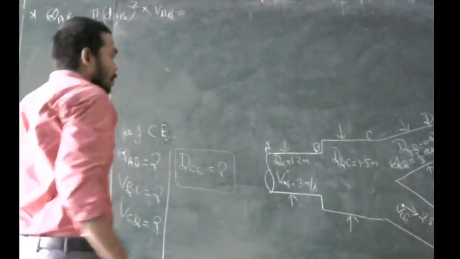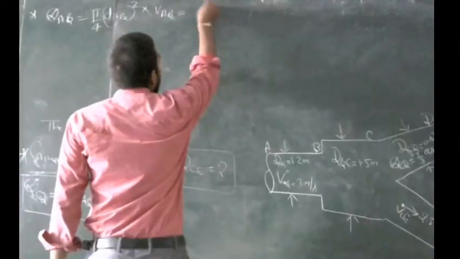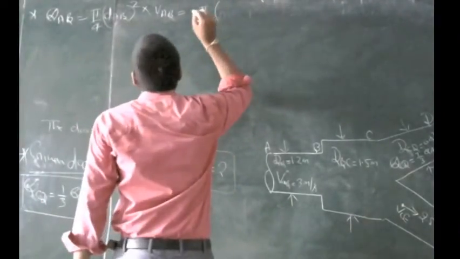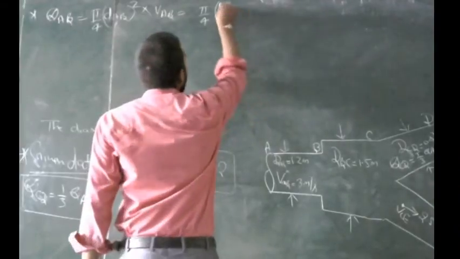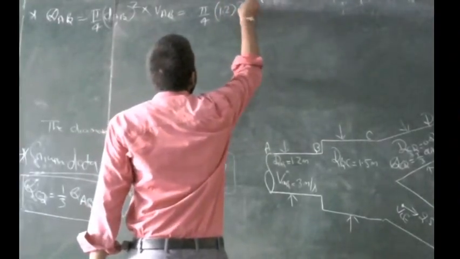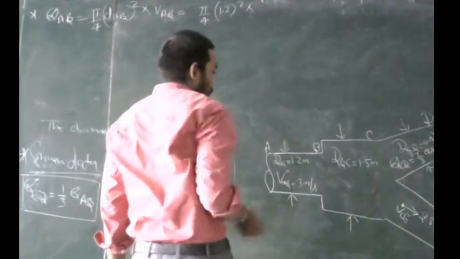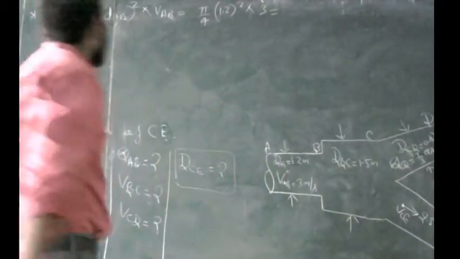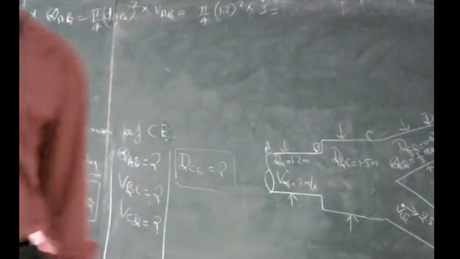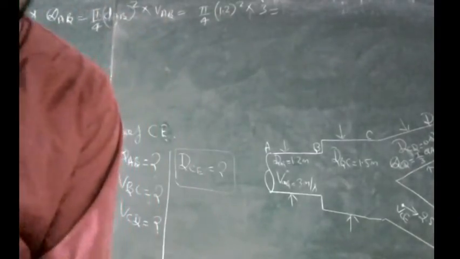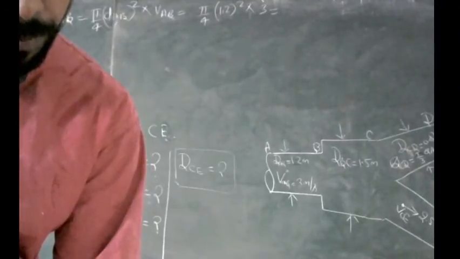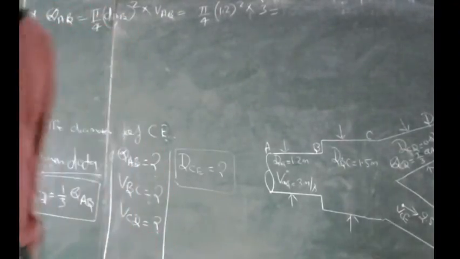Is that clear? Pi by 4, d is 1.2 squared, into velocity 3. We can easily calculate it. QAB is 3.393.